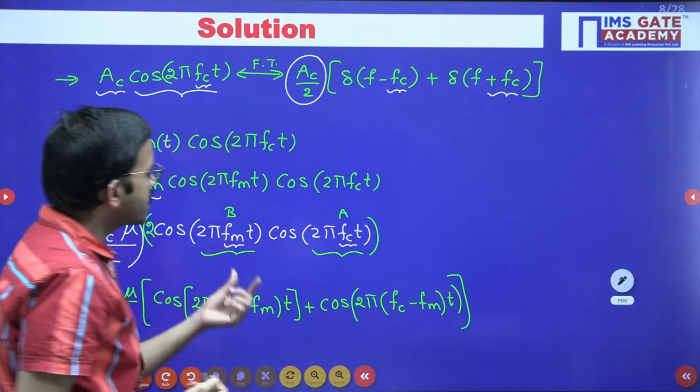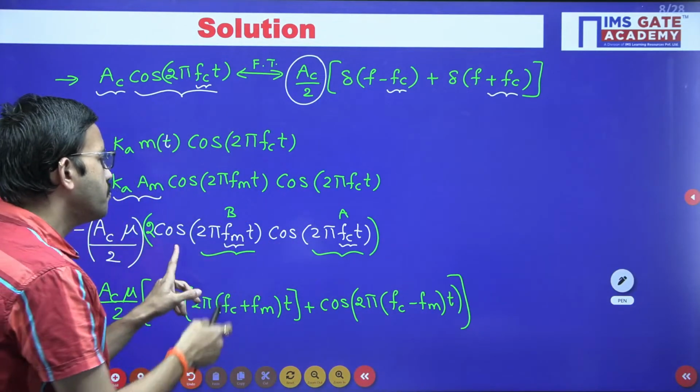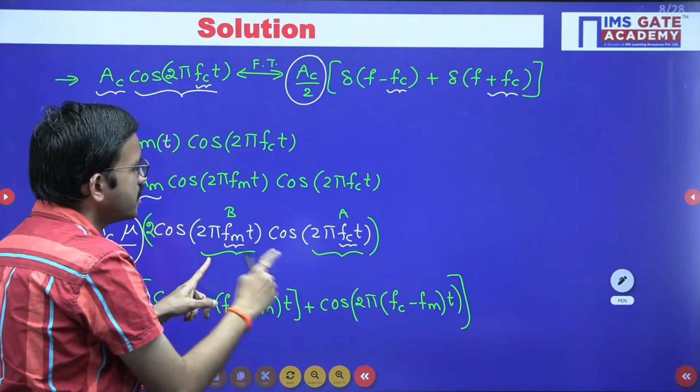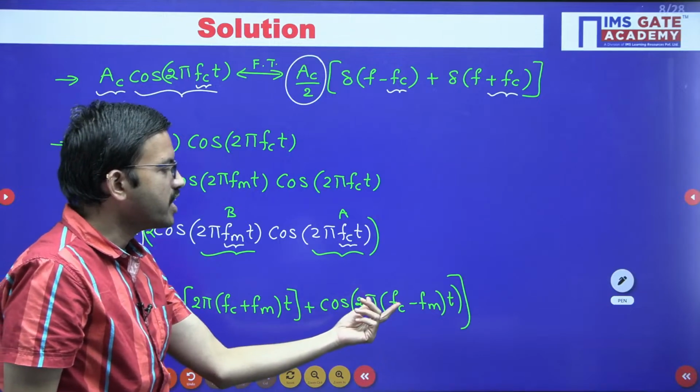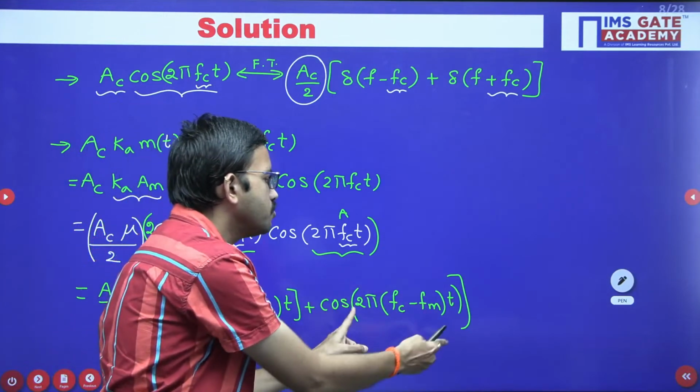Suppose you consider this as A and this as B, no problem. Then you will get Fm minus Fc; if you take minus as common, you get Fc minus Fm, but overall you get a minus.